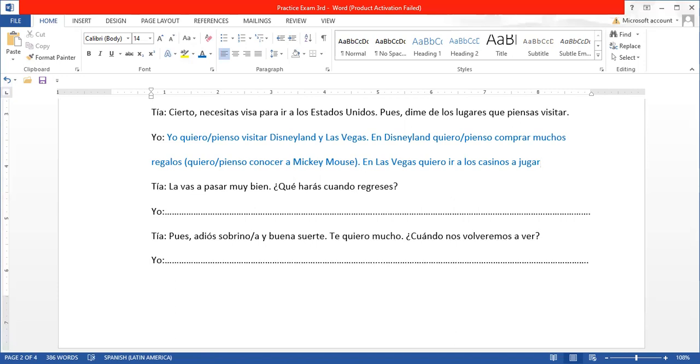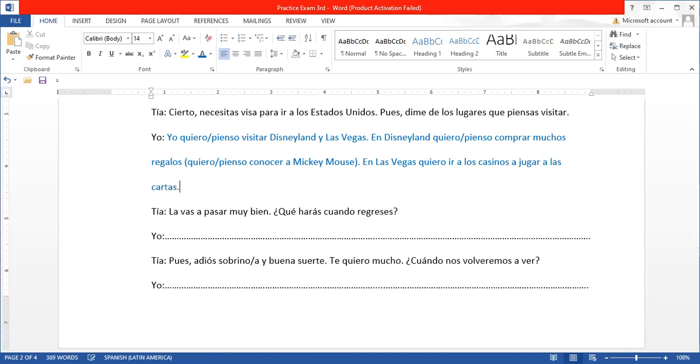Okay. Maybe you like to play cards, so you say a jugar a las cartas. But you could just stop right there, a jugar. Okay. Yes, definitely will be games. So those are elements that you could include, and it will be very easy to include them.